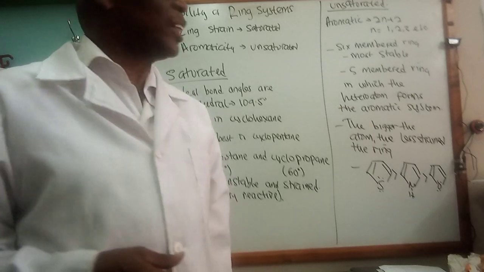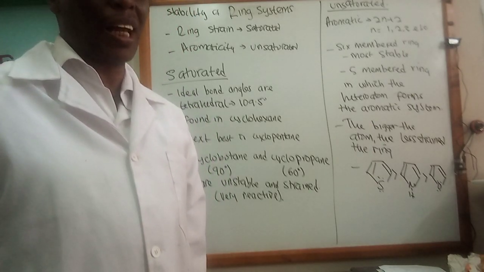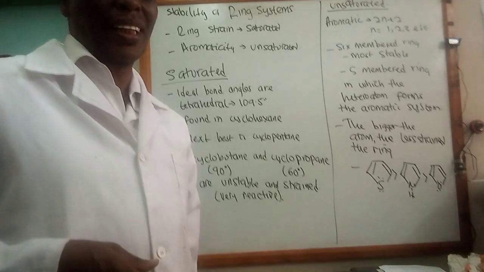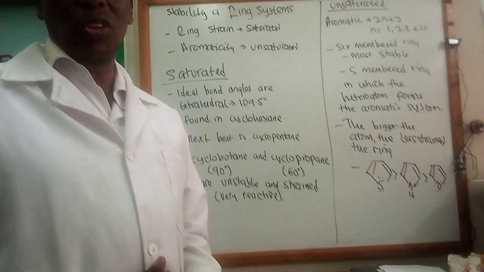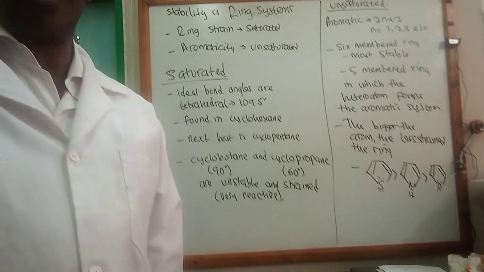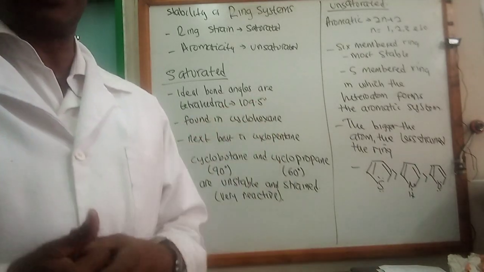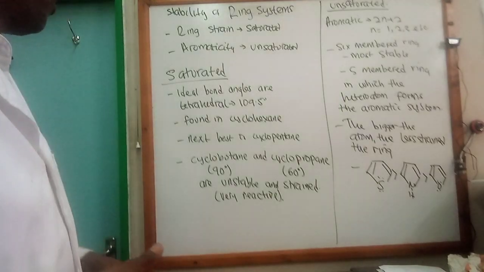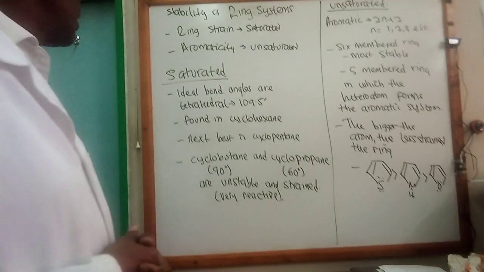It means that you've got a 4n number, so you'll be talking about 4 pi electrons in a ring, or 8 pi electrons, 12 pi electrons, and the rest. Such ring systems are said to be more unstable than the open ring system, but aromatic systems are going to be stable. So let us look at saturated systems.